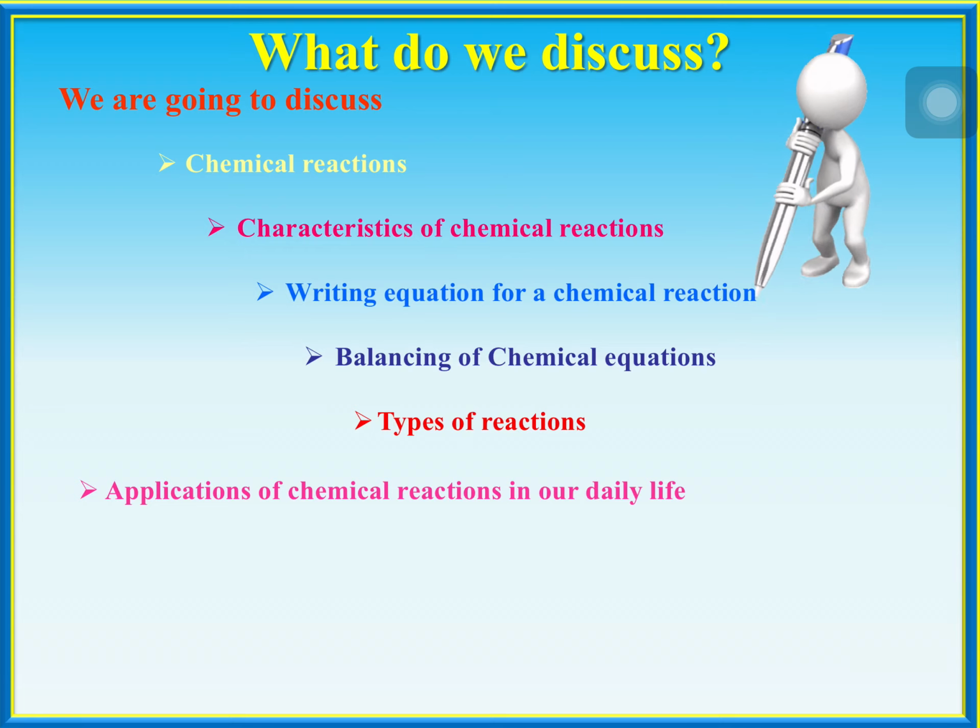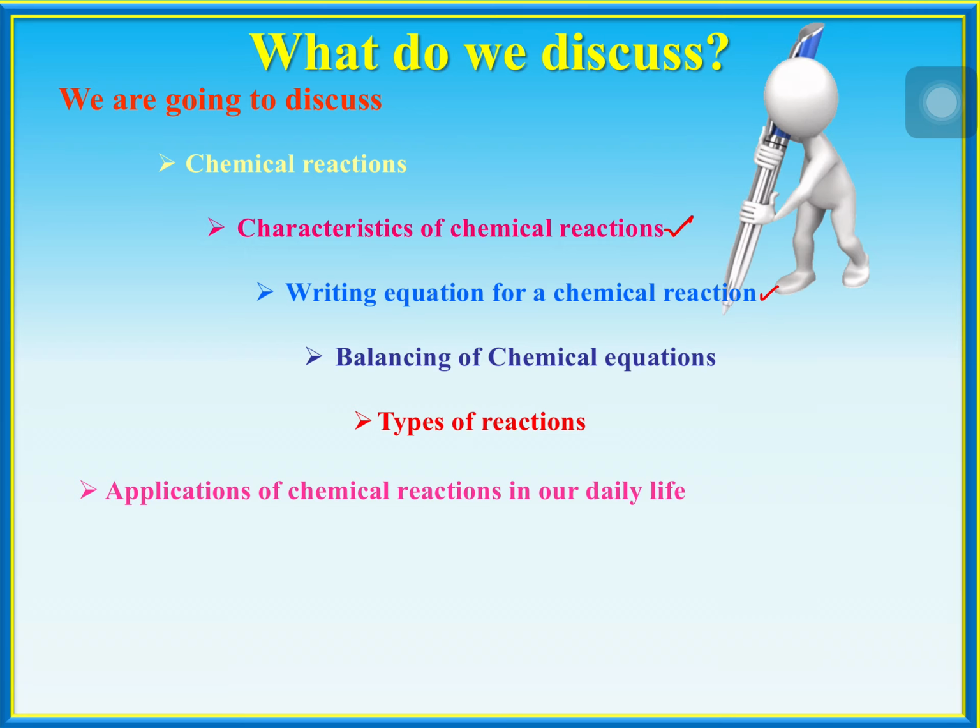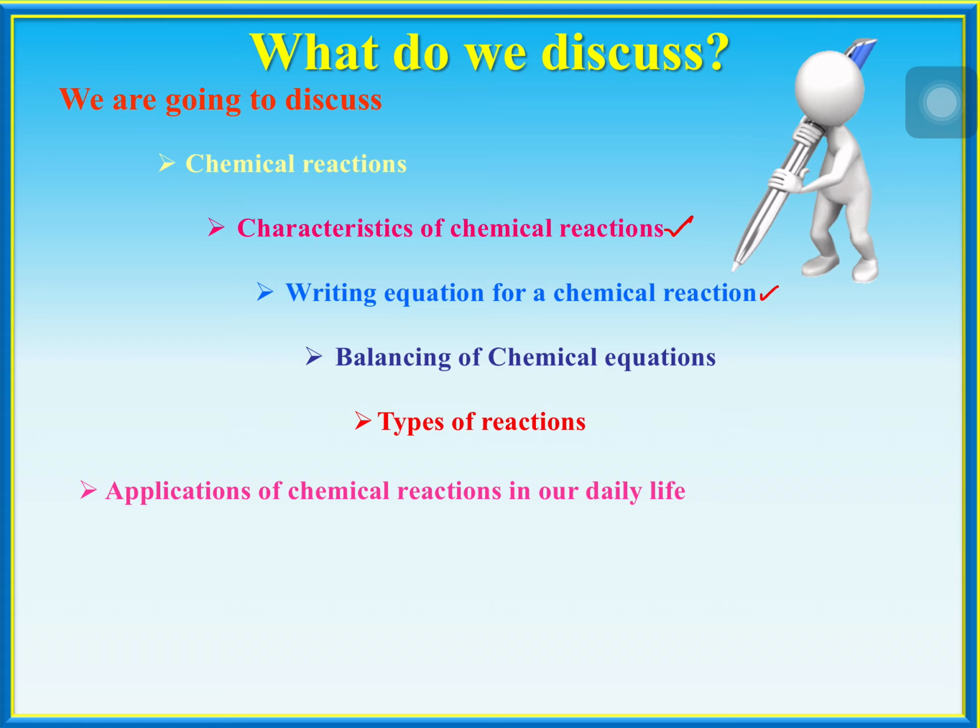What is a chemical reaction? These characteristics of reactions are going to help you to find out whether it is a chemical reaction or not. Writing equation for a chemical reaction, because if you write paragraphs in chemistry, it's not going to work. You can represent an entire paragraph in a single line equation, like a mathematical formula. So you have to learn that one.